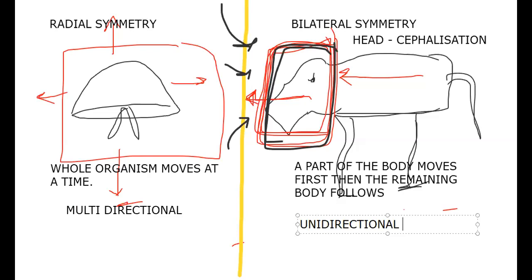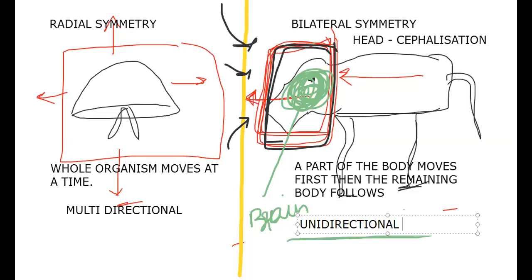That's why the neurons in this area accumulate, and slowly that develops into a centralized nervous portion called the brain. So the unidirectional movement is the reason for the development of the brain.